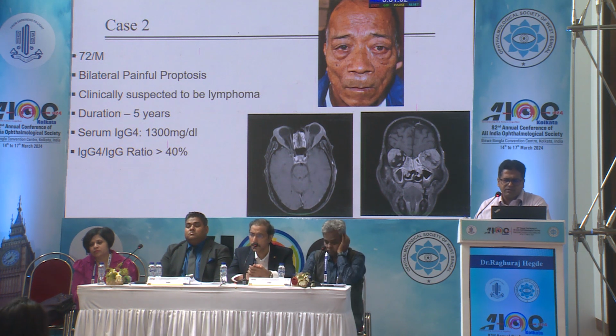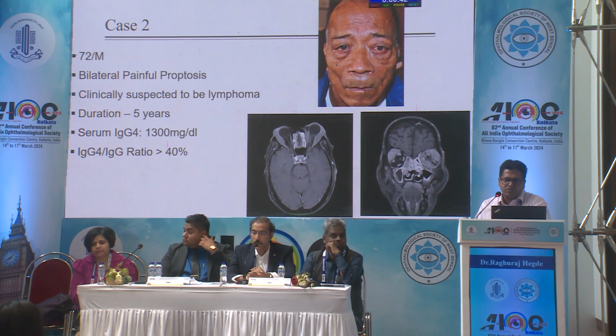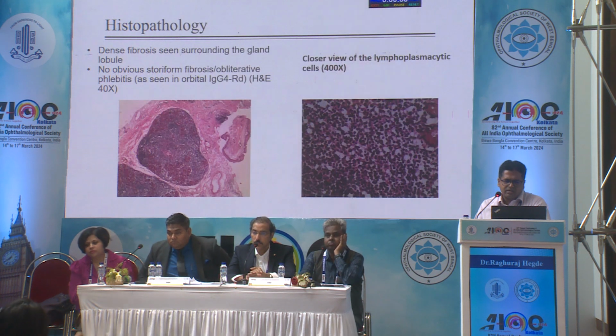We were suspecting lymphoma, because we thought it was probably a benign lymphocytic infiltration that could have progressed to lymphoma over the 5 years' duration. But his serum IgG4 levels were very high, and the IgG4 to IgG ratio was 40%.